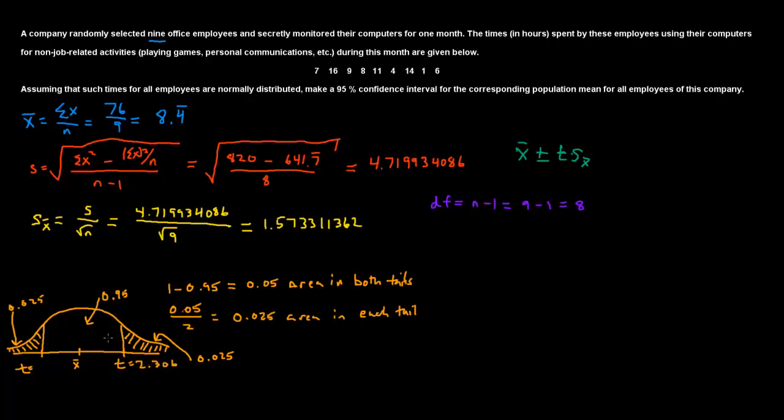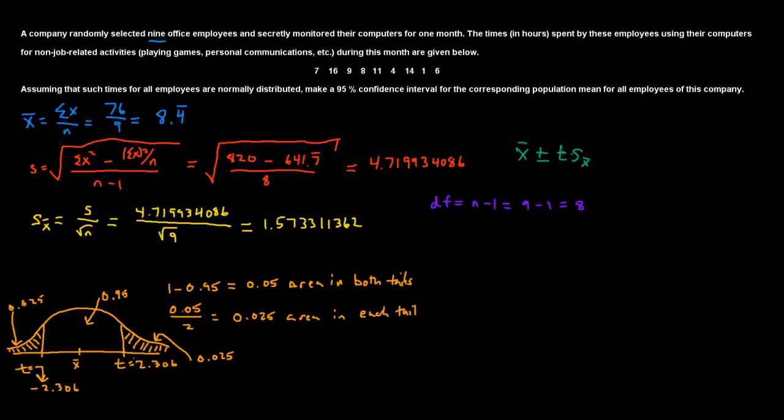2.306. Now it actually turns out that since the t distribution, just like the z, is symmetric, approximately normal, the negative t value over here that refers to the area in the left tail of being 0.025 is going to be negative 2.306.